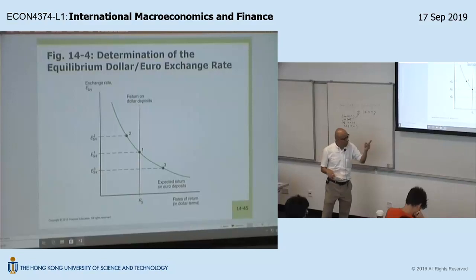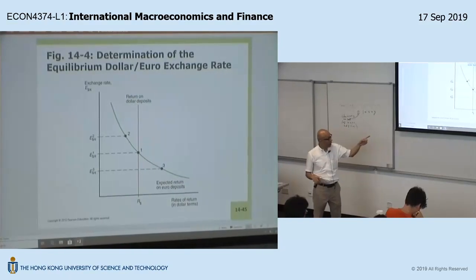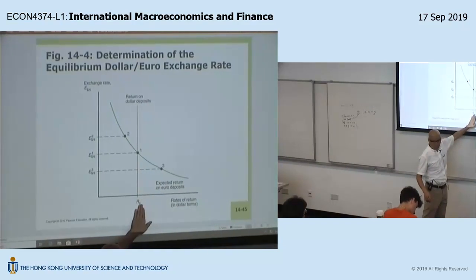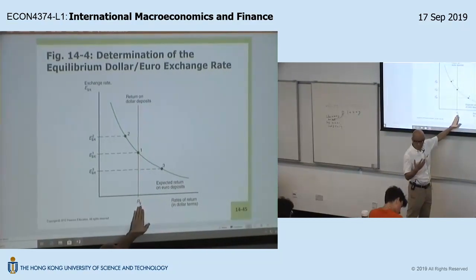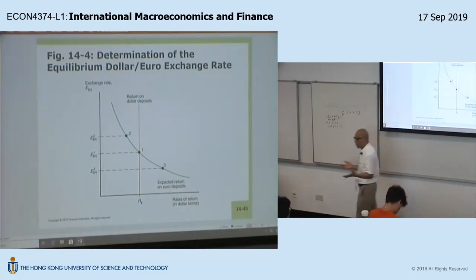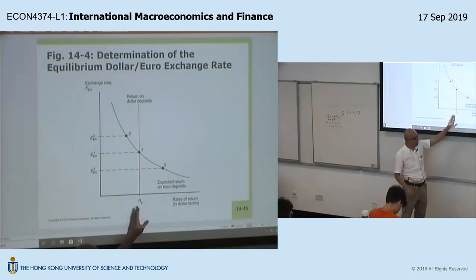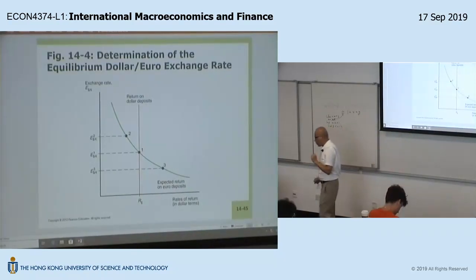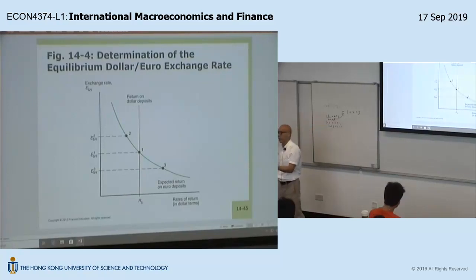So one thing is, suppose the dollar interest rate increases, we can find out how it's going to affect the spot exchange rate. Or suppose the euro interest rate increases, how is it going to affect the spot exchange rate? Or suppose EE increases, how's it going to affect the spot exchange rate?